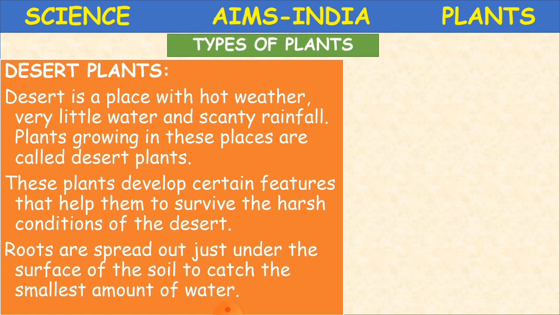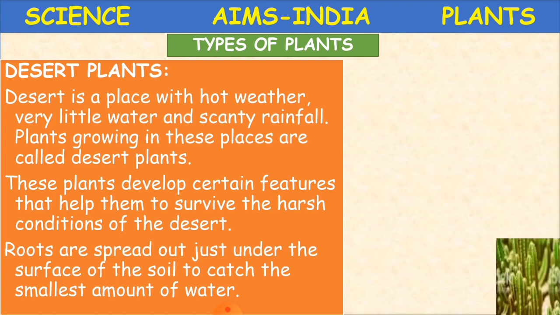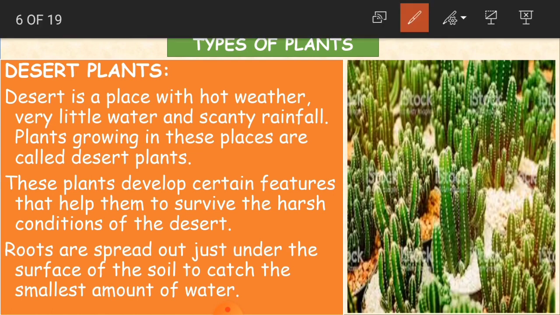So as we all know, desert is a place with hot weather, and there is very little water and scanty, very rare rainfall. So plants which are growing in these places are called desert plants, as we see in the picture here. So these are desert plants.